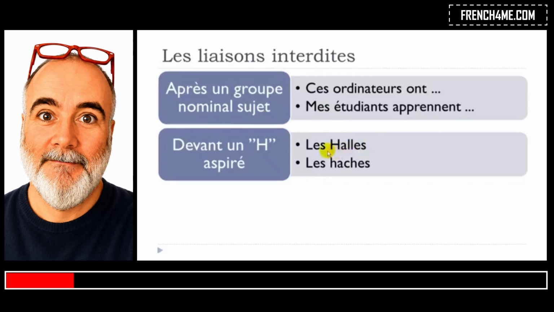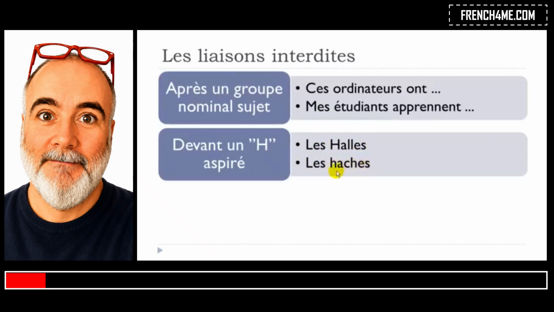But in that case still, even if you've got this H, it belongs to this aspiré group of words, containing this H, and it means that you won't have the possibility to make the liaison between your article and your word. So in that case, you shouldn't make the liaison, so you shouldn't say lez halles, but you should say les halles. Okay, les halles.